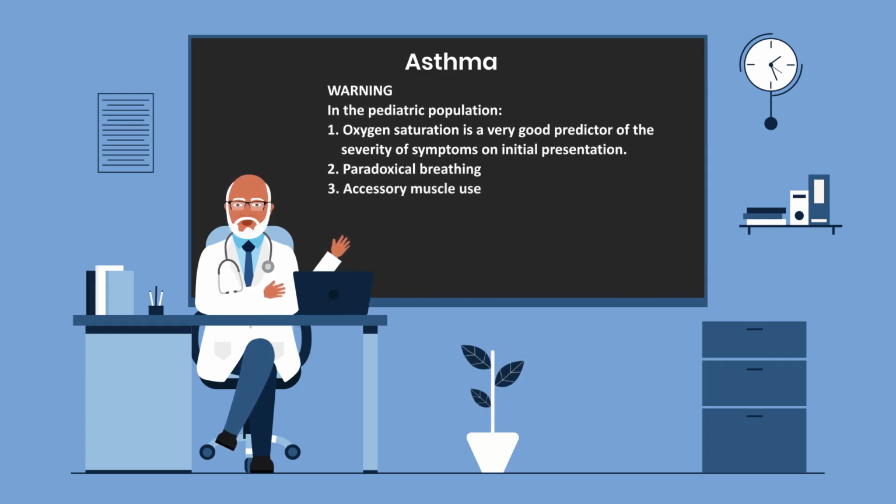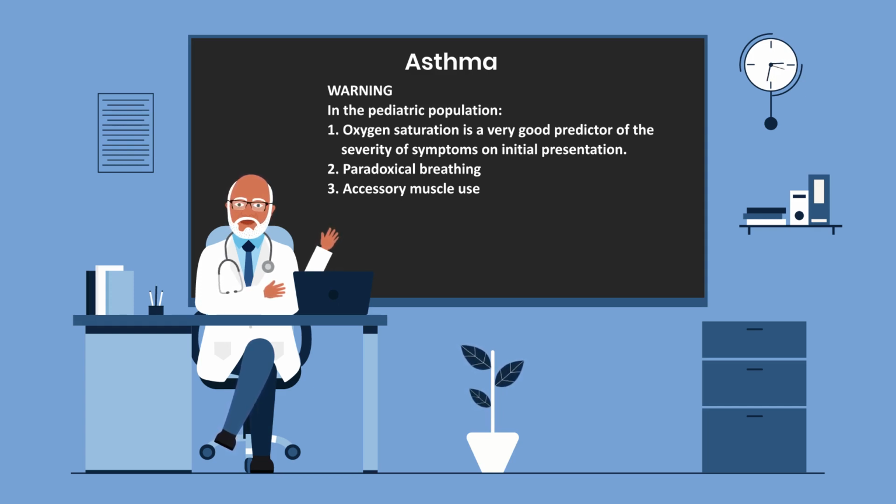Now, here is a warning I want you to keep in mind and never to forget. In the pediatric population, and this is specific to the pediatric population, number one, oxygen saturation is a very good predictor of the severity of symptoms on initial presentation. So a child comes in with asthma, make sure you get a reading as to the oxygen saturation on presentation.